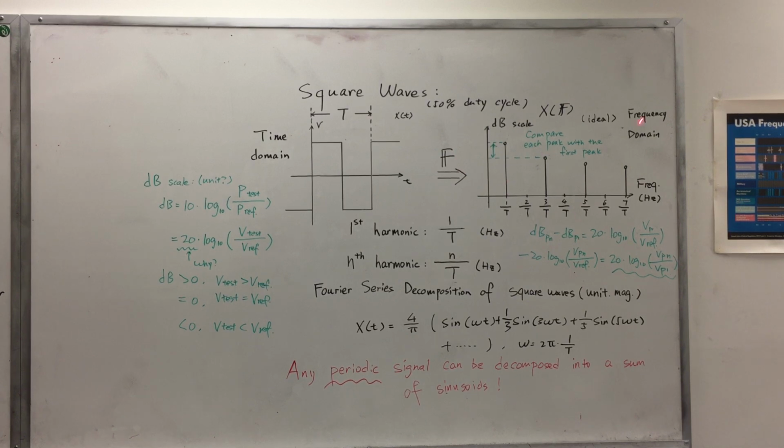From a very high level, we can make sense out of this picture. We know that a square wave is made up of odd harmonic sine waves, so let's see if that's true.